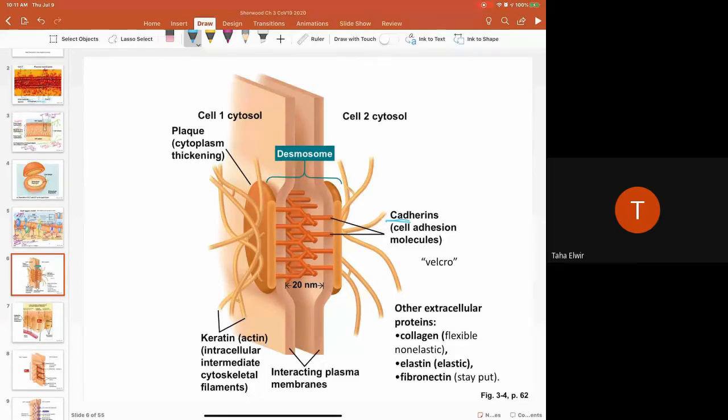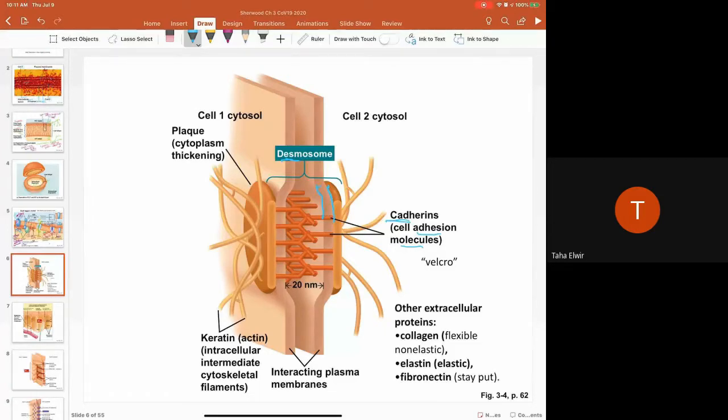A desmosome is a cell attachment that has these proteins called adhesion molecules that are outside the plasma membrane. So plasma membrane is here.